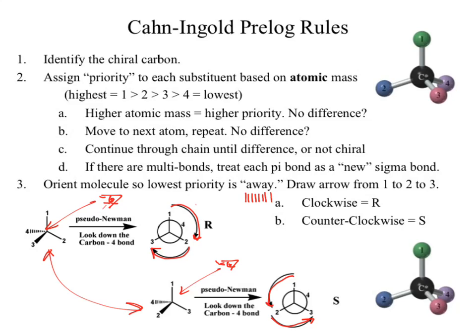So our counterclockwise carries the S assignment, our clockwise carries the R. Not to be confused with the direction that light rotates. Because if light rotates clockwise, it becomes positive, which has nothing to do with R and S. Okay? So you have to try and keep those two systems separate from each other.